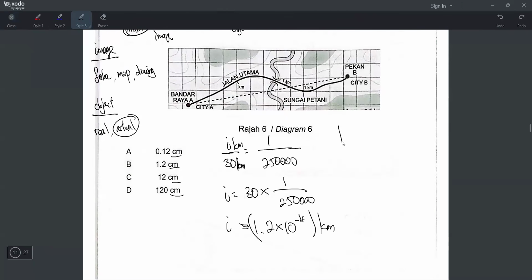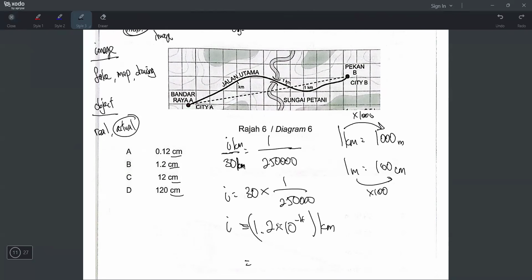So let's convert. Alright, 1 km is how many meters? 1,000, right? 1 km is 1,000 meters. And 1 meter is how many cm? 100 cm. Correct? So to convert km to meters, you have to times 1,000. For meters to cm, you have to times 100. So for this, you have to convert to meters first. So you times 1,000. Use your calculator: answer times 1,000.